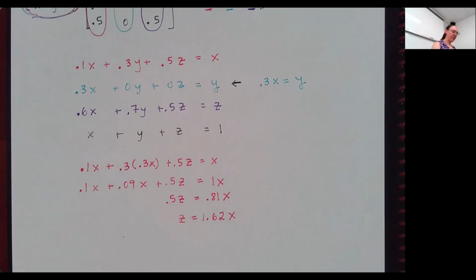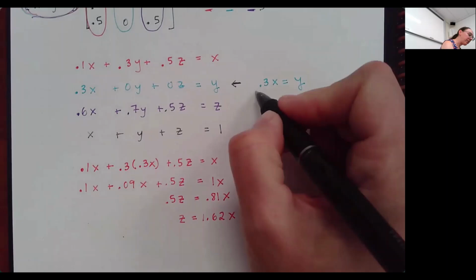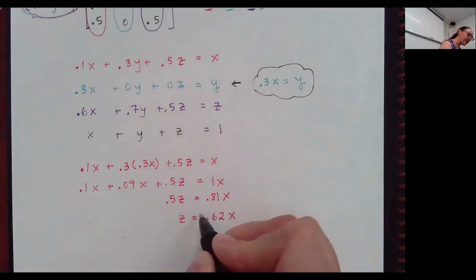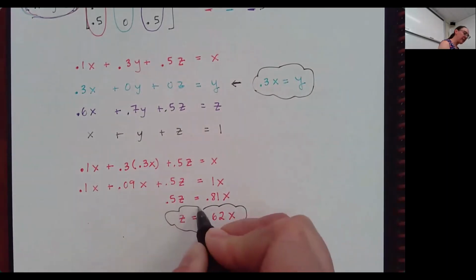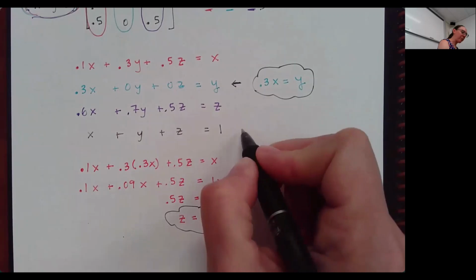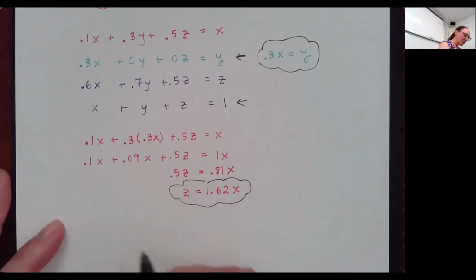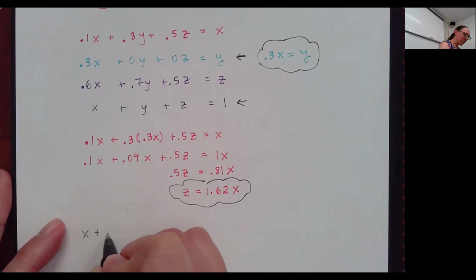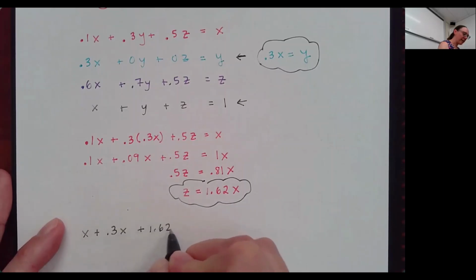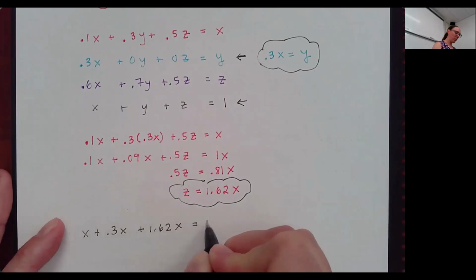And because I have y in terms of x and z in terms of x, I can put all of that back into the x plus y plus z equals 1, and hopefully get an answer. So x plus 0.3x plus 1.62x has to be equal to 1.